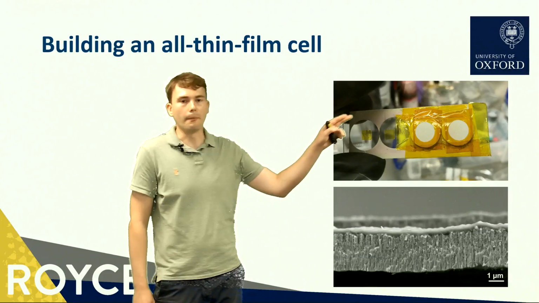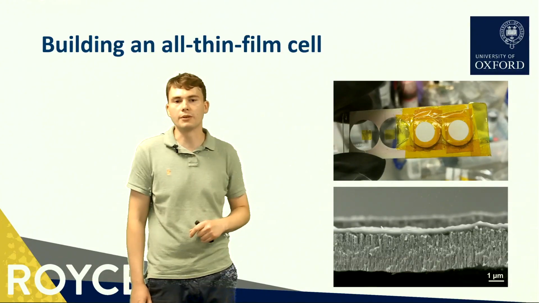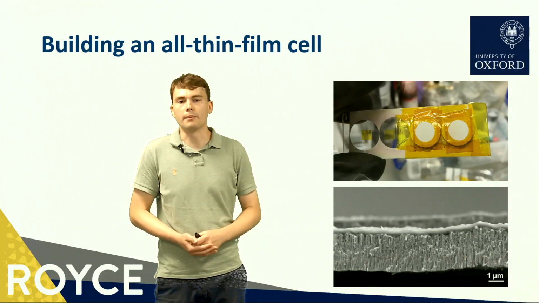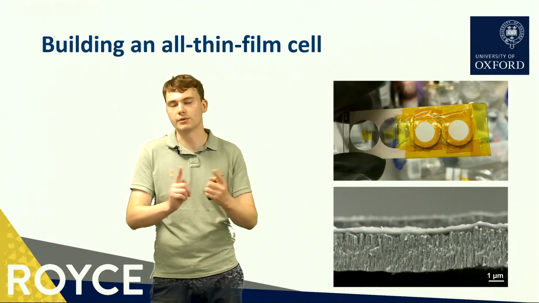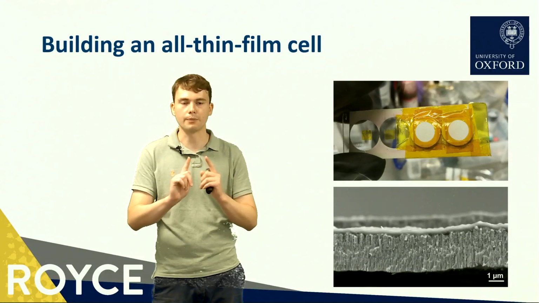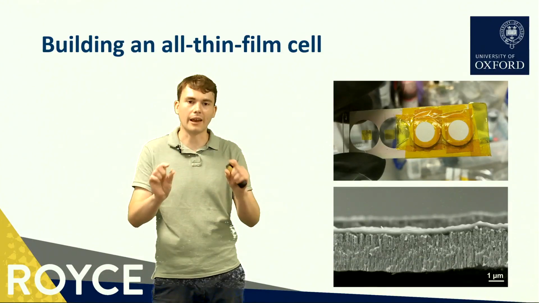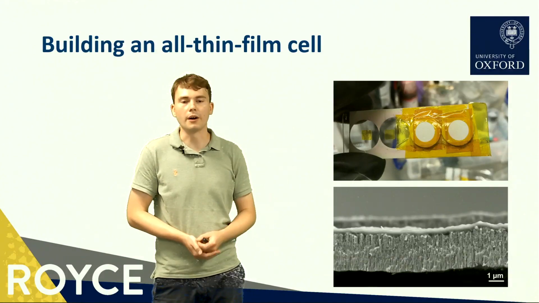I then mask a circle on top using Kapton tape, and then I deposit my electrode layers on top. And it's important to be able to define an area for the electrode by masking, because otherwise there could be short circuiting at the edges between the top and bottom electrodes. So that's why we use masking.